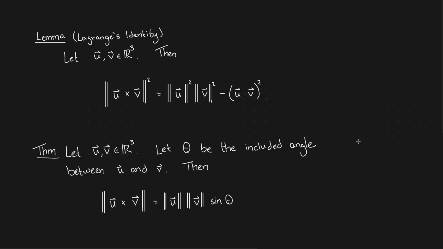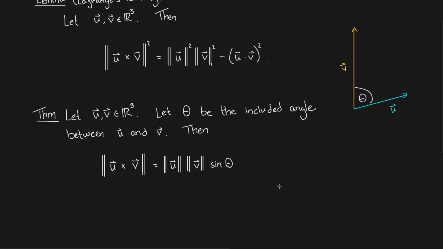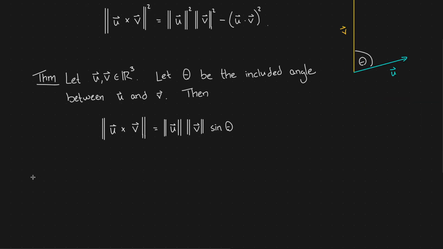And let me just draw a quick picture so you know what angle I'm talking about. If this is u and this is v, this is angle theta. The included angle. In particular, this is not angle theta. That's the exterior angle. That's not the one we're using. All right, so with the lemma, this proof is pretty straightforward.